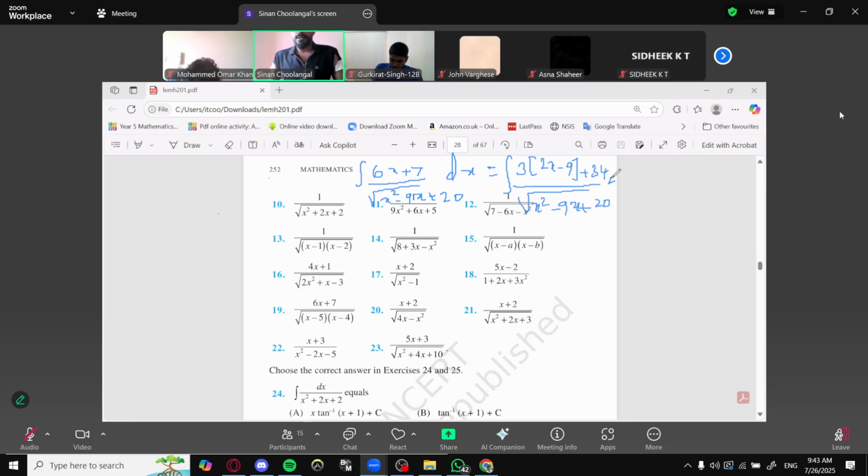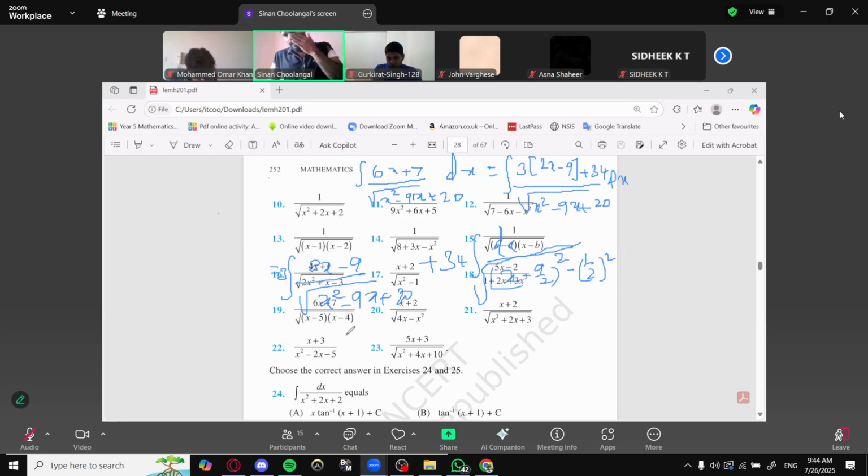Now separating as two integrals. 3 can be taken out, 2x minus 9 divided by x square minus 9x plus 20, plus 34 outside. Here I am writing the completing square: x minus 9 by 2 the whole square minus 1 by 2 the whole square. The first box we used here.